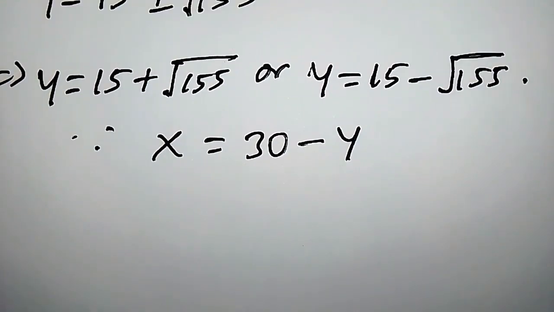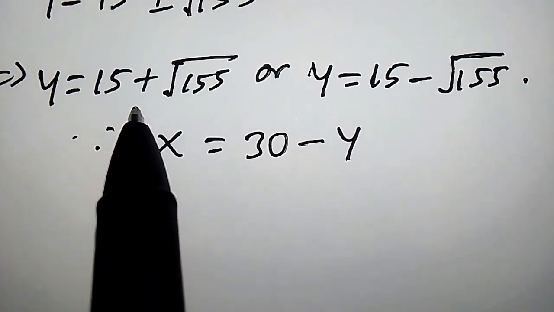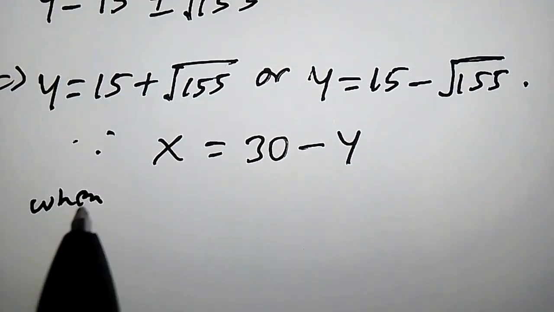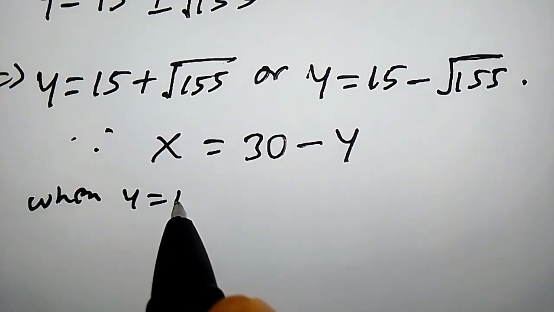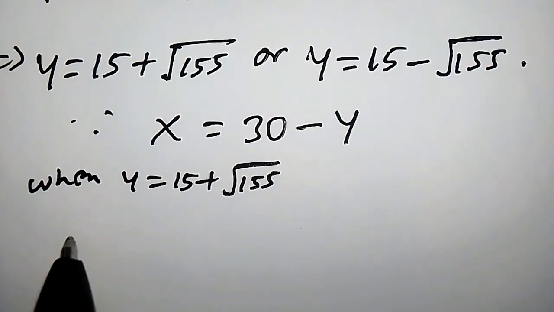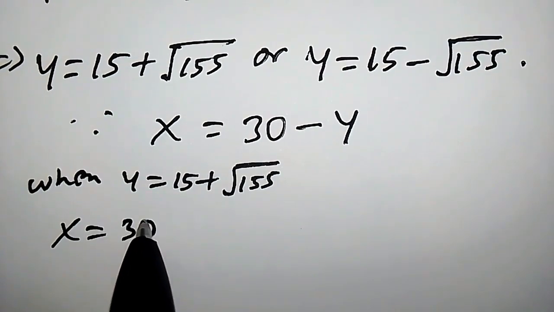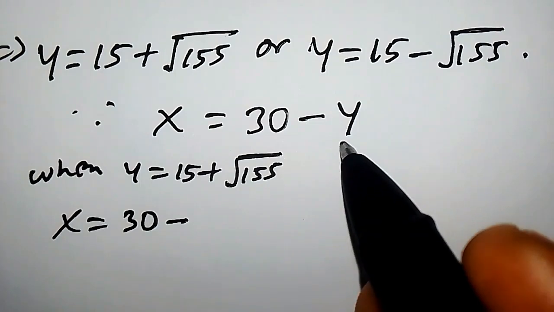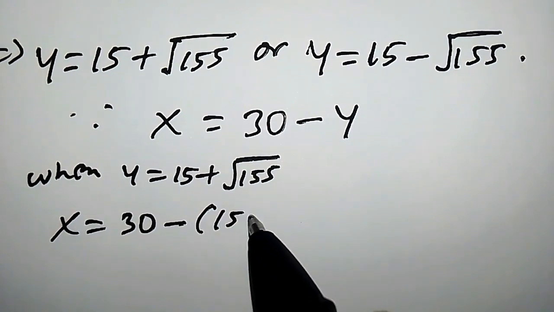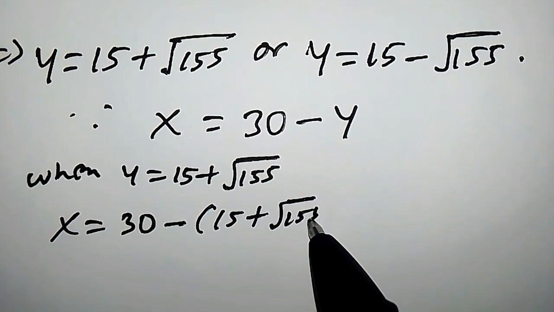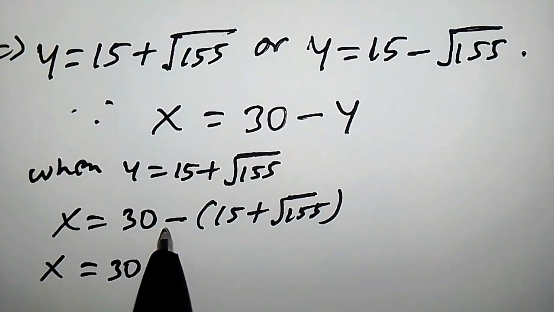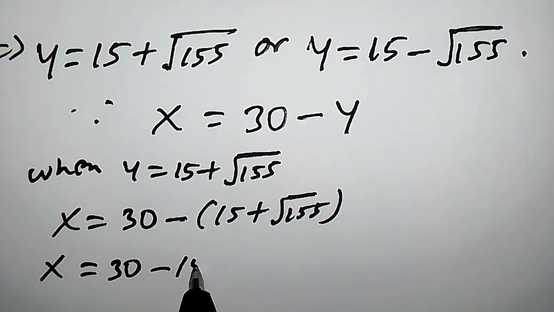What we have to do now is to consider each value of y. Consider this first, when y is equal to 15 plus root 155. So x is equal to 30 minus, we will now replace this particular y with 15 plus root 155. x equals 30 minus times 15, that is minus 15.